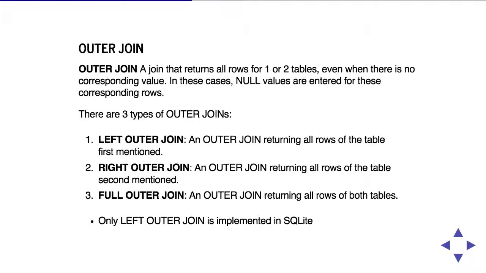When the condition returns null, it still keeps that row in the table. So we could have a left join, which makes sure that we keep everything from the left-hand table; a right outer join, which keeps everything from the right table; and a full join, which keeps all the rows from both tables. Only left is implemented in SQLite.